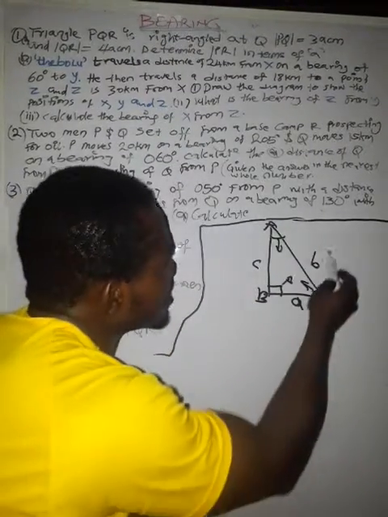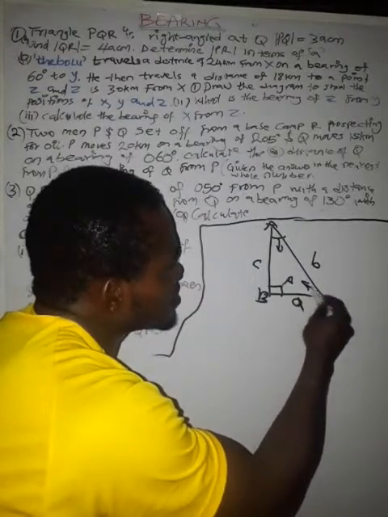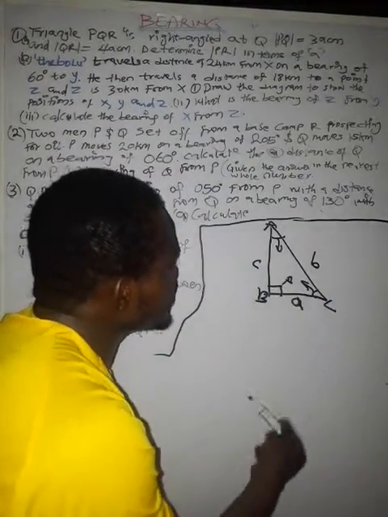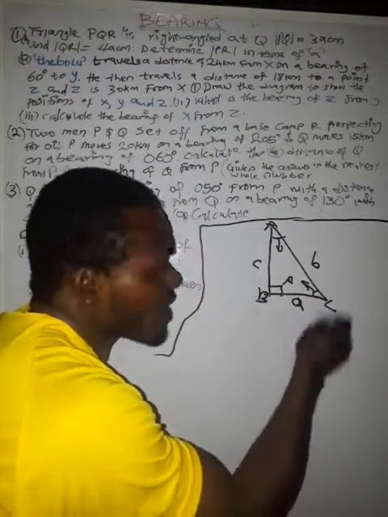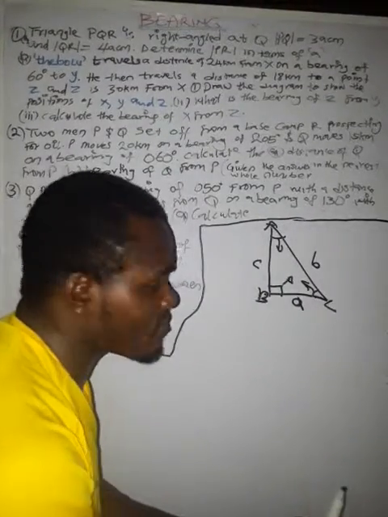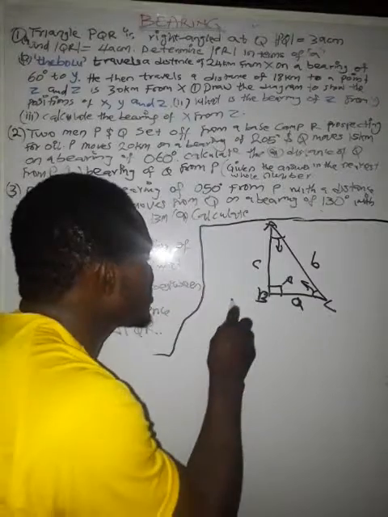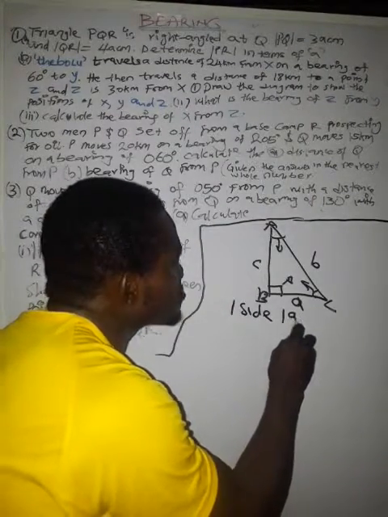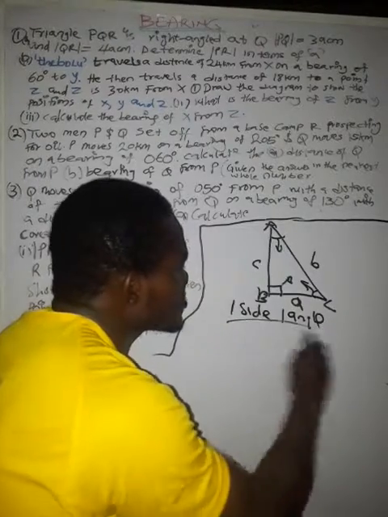So let's assume I have one of the angles, maybe angle A, and I need either b or c, provided that I have one side. If I have one angle, then I can calculate anything.